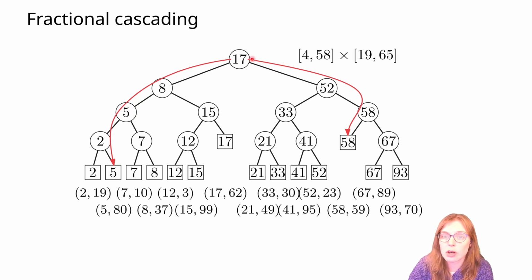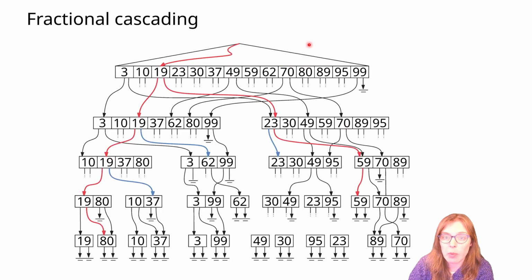The same as before, we start by searching for the left endpoint and the right endpoint of the x range in the main binary search tree. And while doing so, in parallel, we will be searching on the y range in the underlying associated structure.